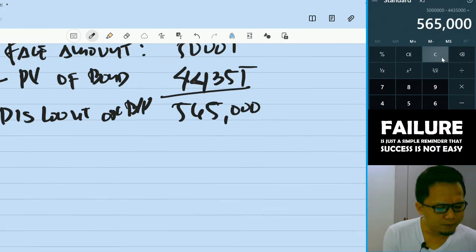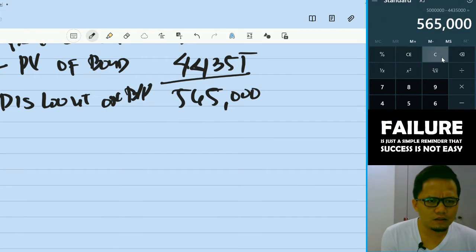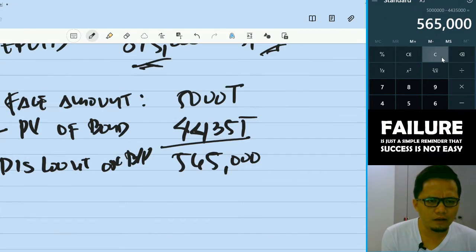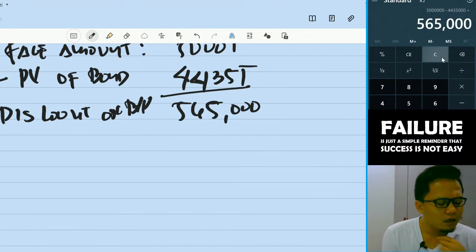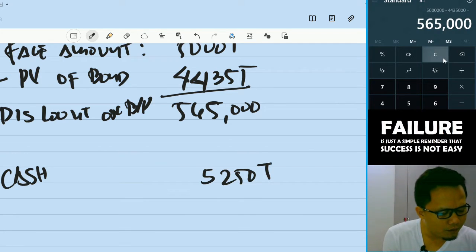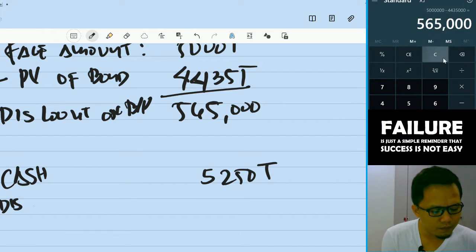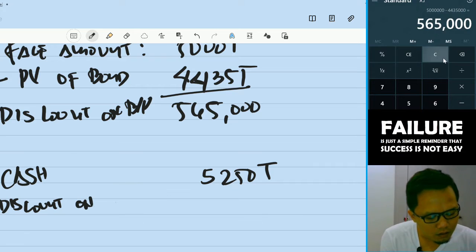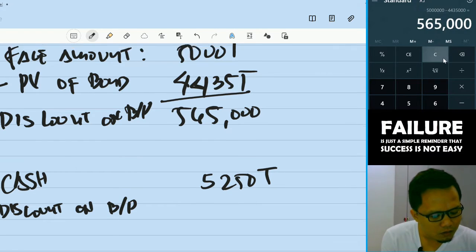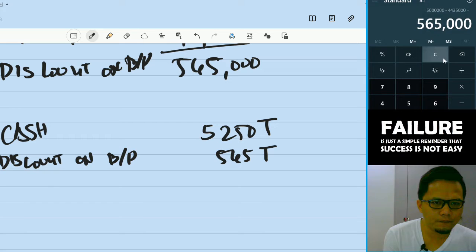Now, how are we going to recognize this per entry on issuance date? Obviously, debit cash at the issue price of 5,250,000. Debit discount on bonds payable na 565,000.